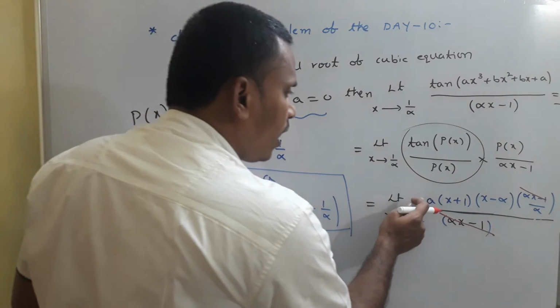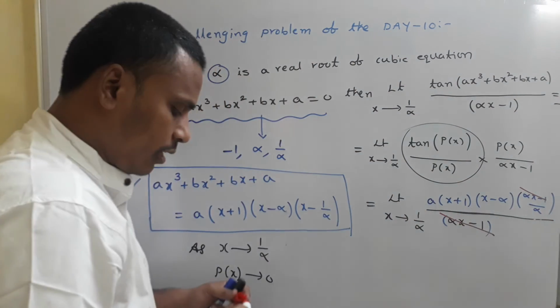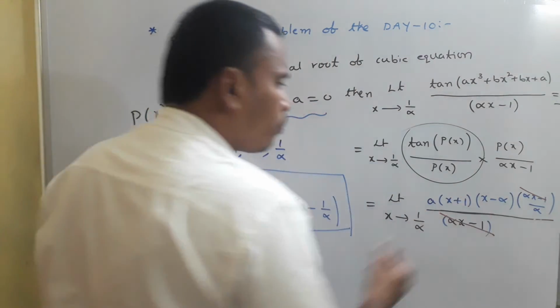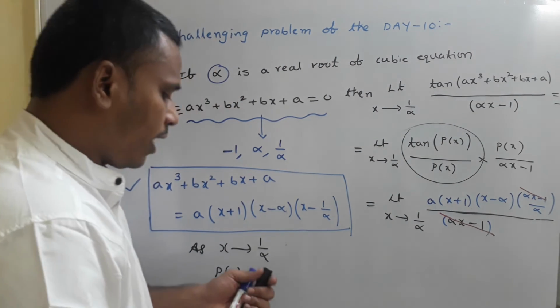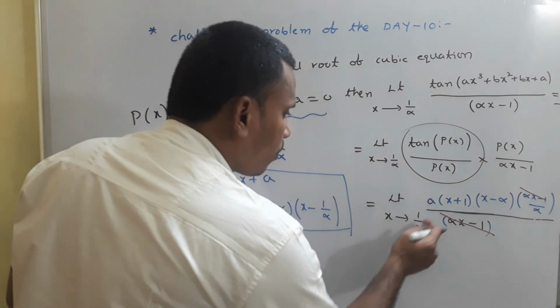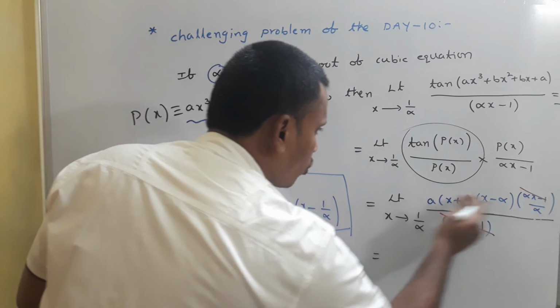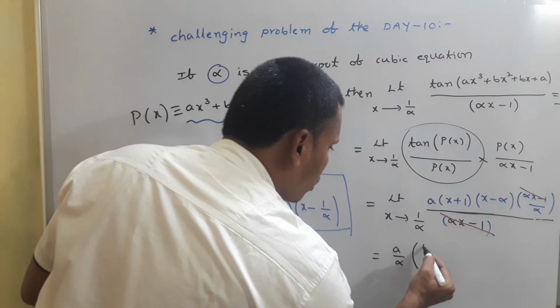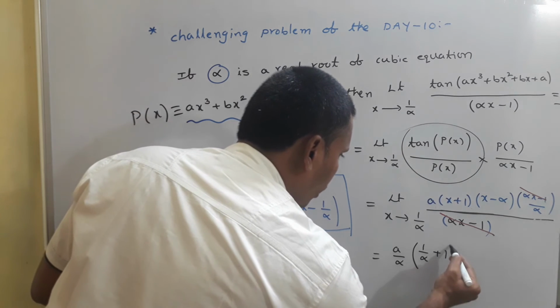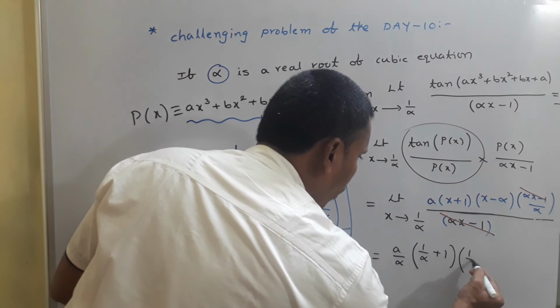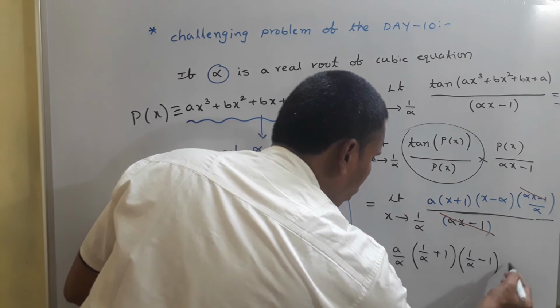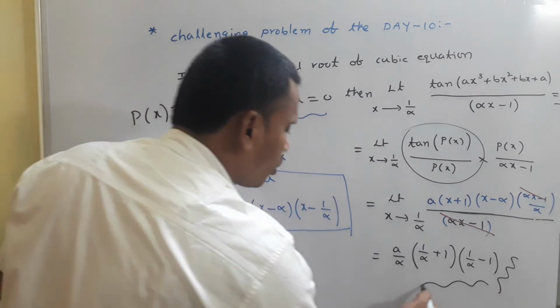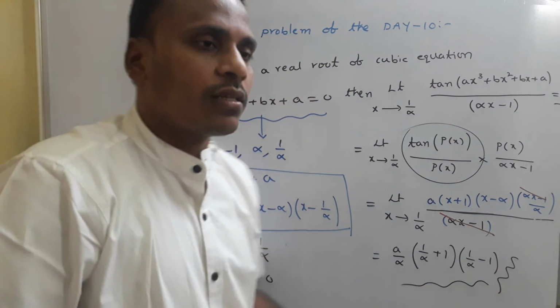Then we have a by alpha in the denominator along with the two terms in the product, x plus 1 and x minus alpha. So now replace x with 1 by alpha. This equals a by alpha into (1 by alpha plus 1) into (1 by alpha minus alpha). You just simplify this to reach the given options, and that's your answer at the end.